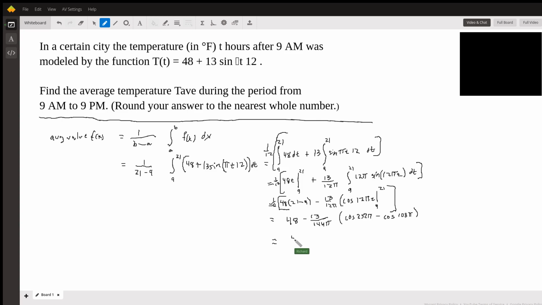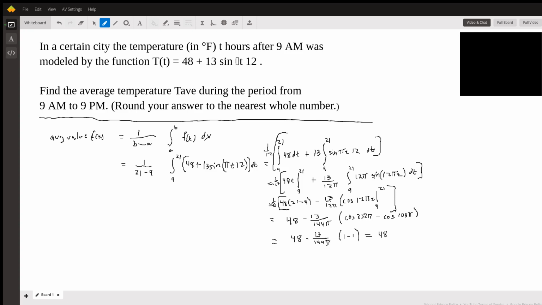So we have 48 minus 13 over 144 pi times 1 minus 1. And that gives us 48 as our answer. So it's a nice simplification when all is said and done. And that's the problem.